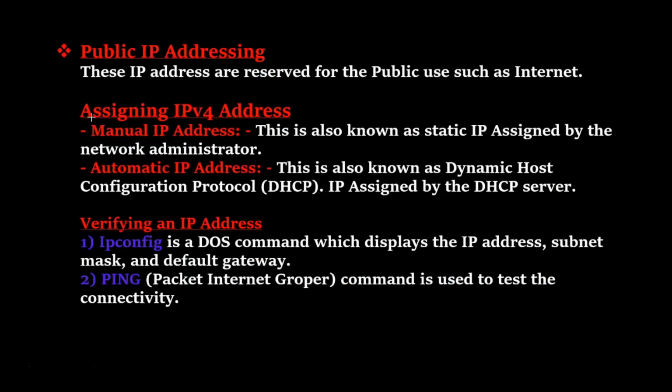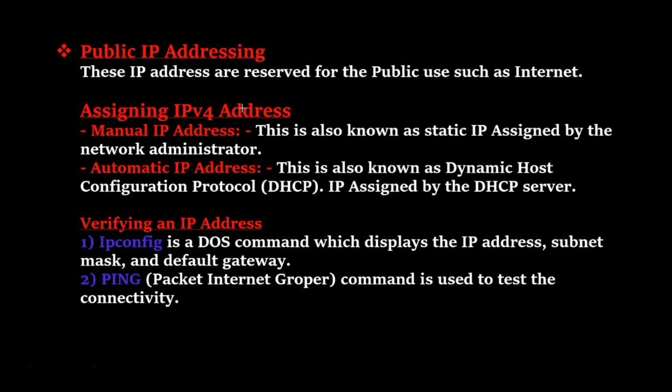Then, assigning an IPv4 address. As we discussed earlier, we have two ways to assign an IP: a manual IP, known as a static IP, and an automatic IP assigned by DHCP. DHCP means Dynamic Host Configuration Protocol.